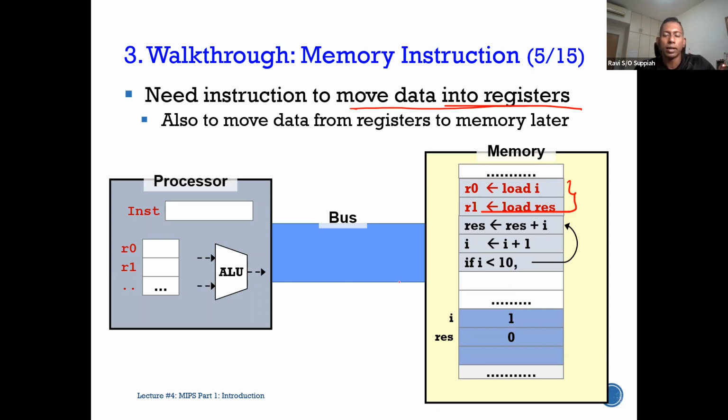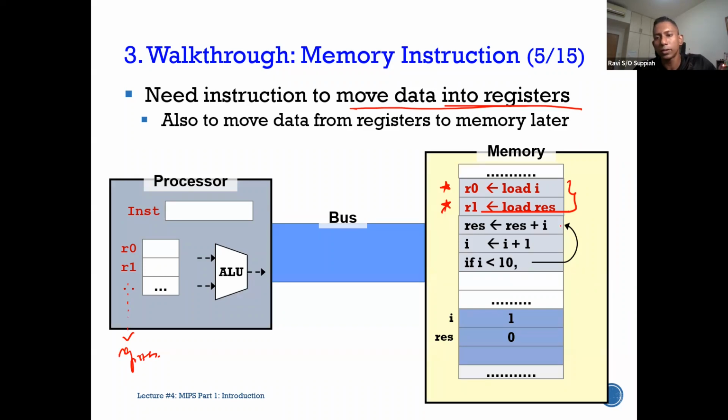Again, why we want to do this is memory access is very slow, and if I keep reading from the memory, I will waste a lot of time. Since I know that these two variables are in memory and I need to use them quite regularly, why don't I load them into registers first? So what am I doing with these two instructions? I say load I into R0 and load result into R1. R0, R1, and so on are all the registers that I have.